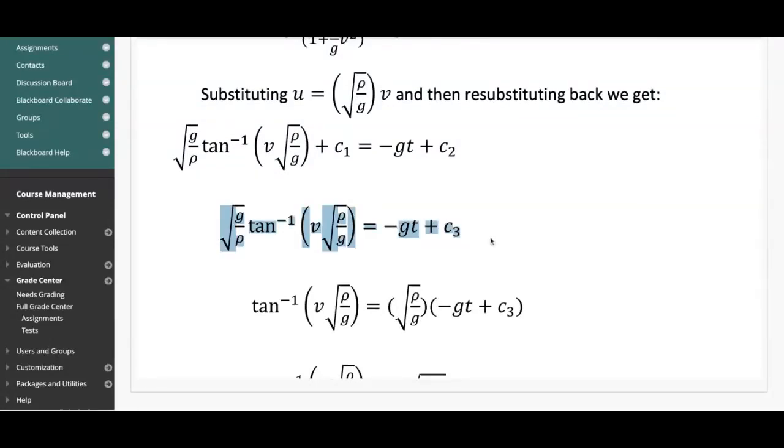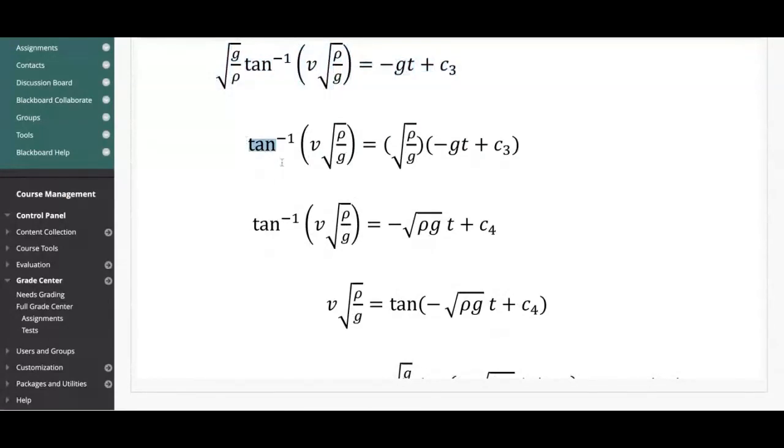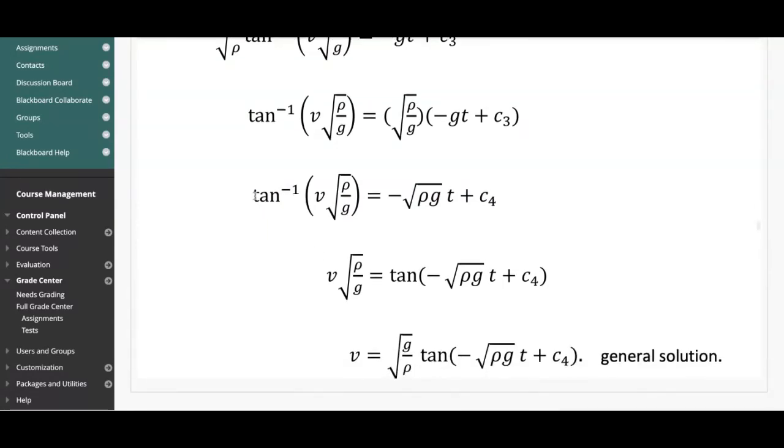So the rest is just solving and simplifying this equation. In the end, we get arctangent of this angle equals this. So we rewrite it as a tangent: tangent of this equals this.